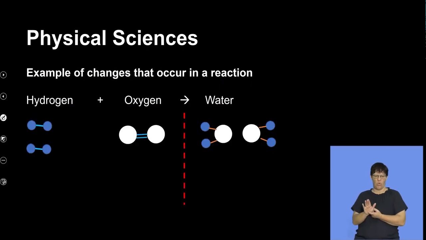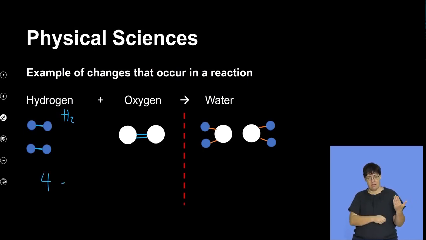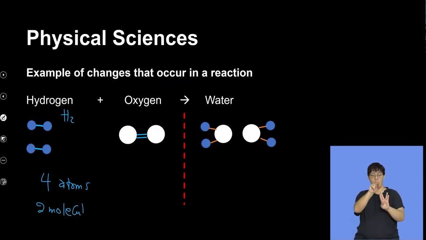And then here is a perfect example that we've managed to look at. If you look at the number of atoms on the left-hand side, in as far as hydrogen as an element is concerned, here there are 4 atoms. But in these 4 atoms, it's actually 2 molecules of hydrogen, while as far as oxygen is concerned, we've got 2 atoms.